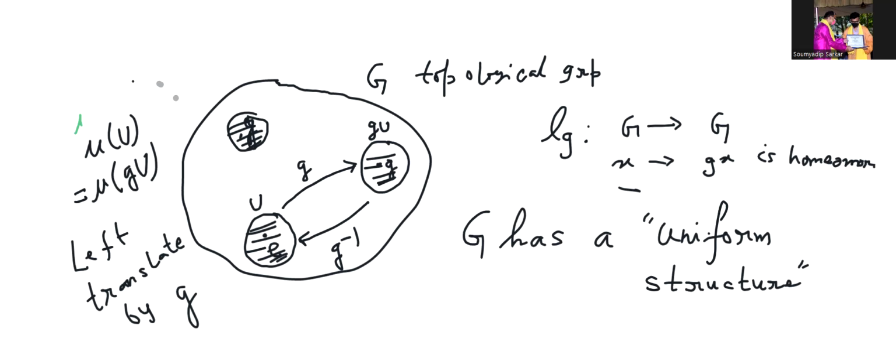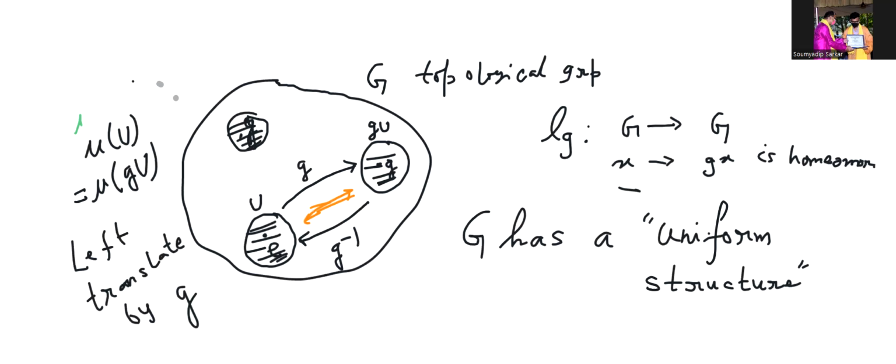That means if you take a neighborhood of the identity, let's say U, it gets mapped to gU homeomorphically, and you can go back to U by applying g inverse. You can go from here to there and come back. So the topology has a very uniform structure in a topological group.